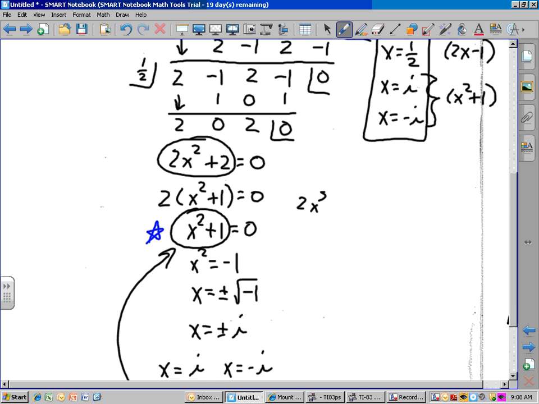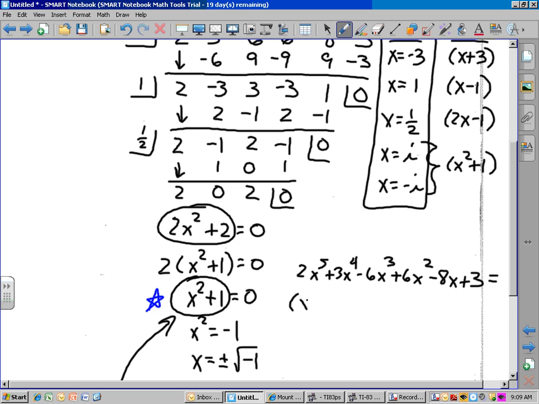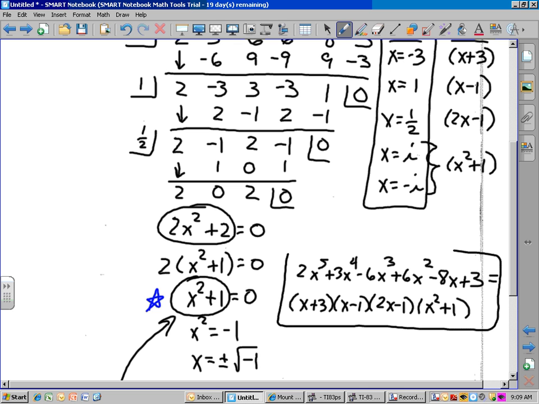Okay. 2x to the 5th plus 3x to the 4th minus 6x cubed plus 6x squared minus 8x plus 3 is equal to x plus 3 times x minus 1 times 2x minus 1 times x squared plus 1. That is an x to the 5th factor. That's pretty awesome. You could factor an x to the 5th.